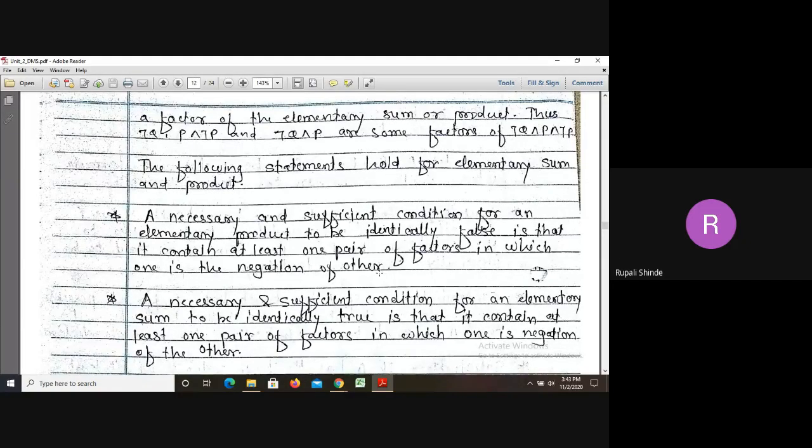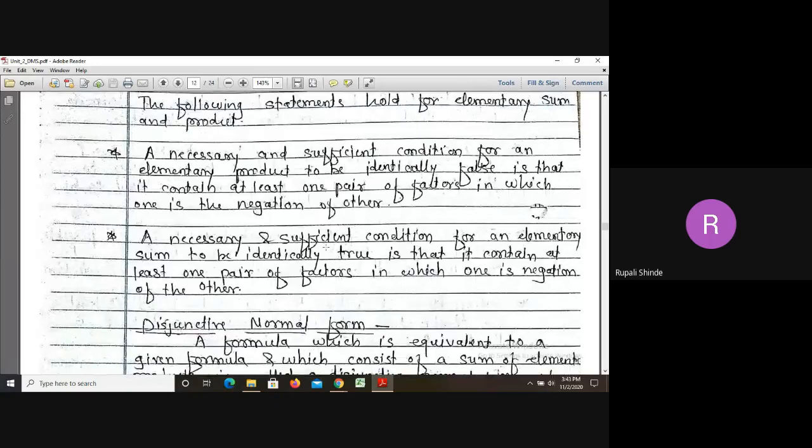Now check here. If you take this formula P and negation P, here variable P and its negation are given, and these two are connected together by product. So product means what? Again P and negation P, its value becomes false. So this is the condition for the product operation.